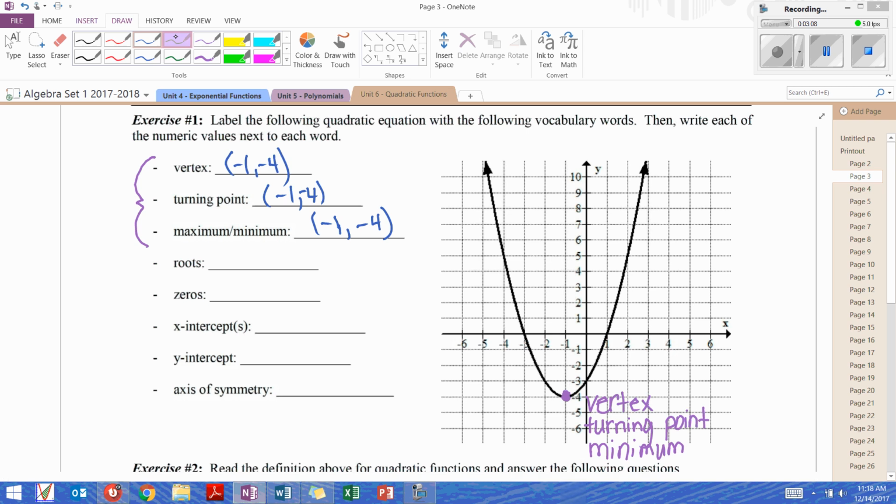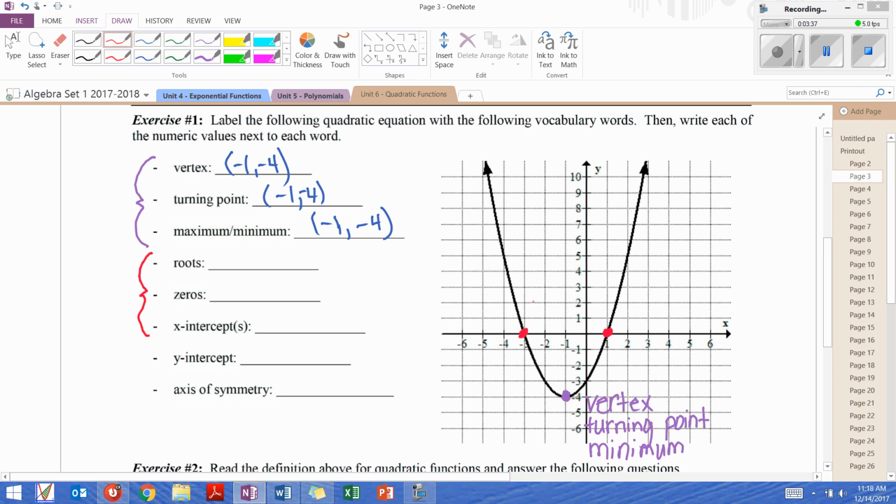All right, moving on. The next piece, I want to talk about roots, zeros, and x-intercepts. They're pretty much all the same, but sometimes we label them a little bit differently based on the words that they use. I'll tell you about that in just a minute. The roots are the places where that parabola crosses the x-axis.